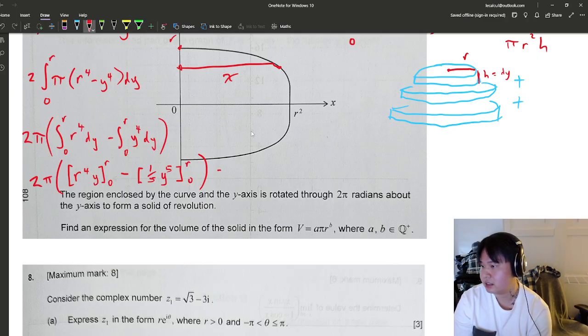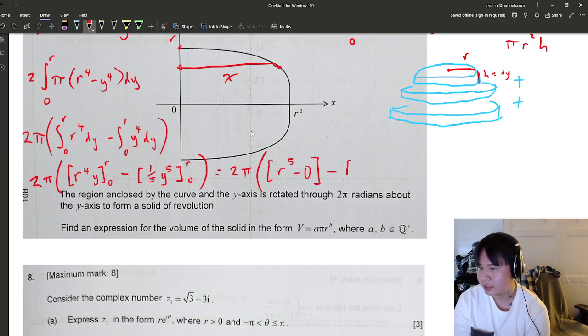Okay, now we just plug in our values using the fundamental theorem of calculus. What is this? r to the power of 5 minus 0, minus r to the power of 5 over 5 minus 0.